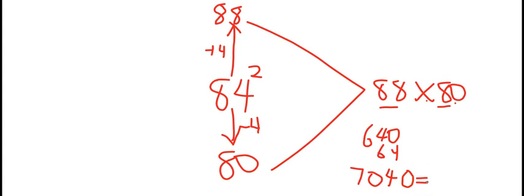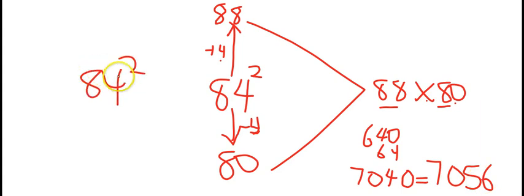Now we saw that it was 4 that we subtracted first before we added the same 4. So the difference of that 4 is we squared it. We squared the 4, which will give us 16. So 16 plus 7040 will give us 7056. And so 84 squared, or 84 times 84, will give us 7056.